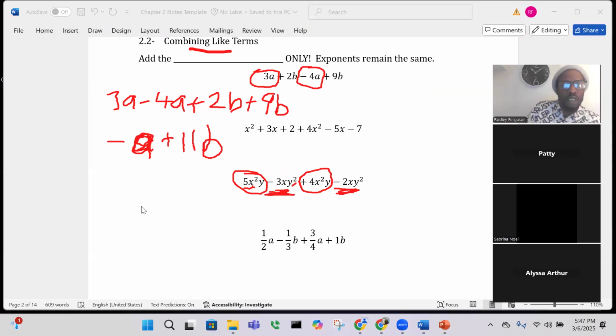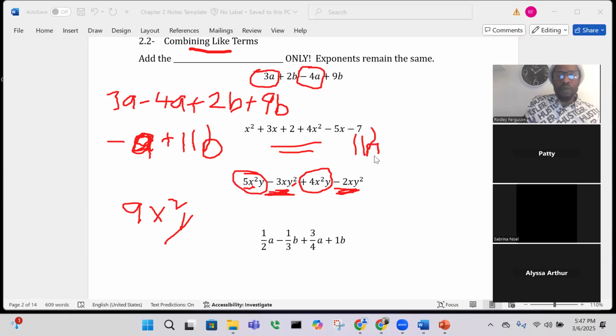This would be 9x squared y. Order doesn't matter. Correct. This is equivalent to saying 11b minus a, if you feel comfortable.